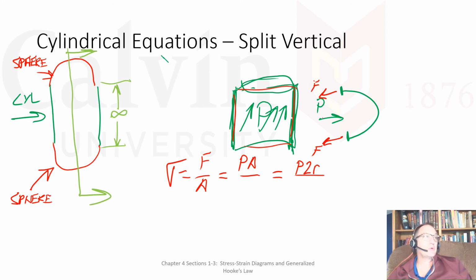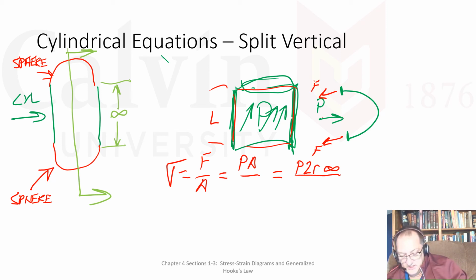And the reason I'm doing that is because I want to compare this equation to the previous equation. It's 2 times the radius times that length or that height of that zone. I called it infinity, so let's put it down as infinity, even though that's going to be hard to do the math on, but that's okay.